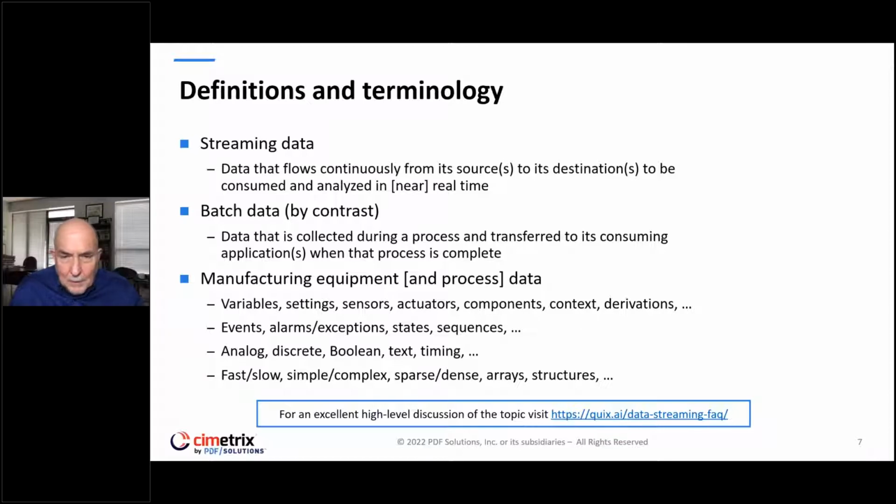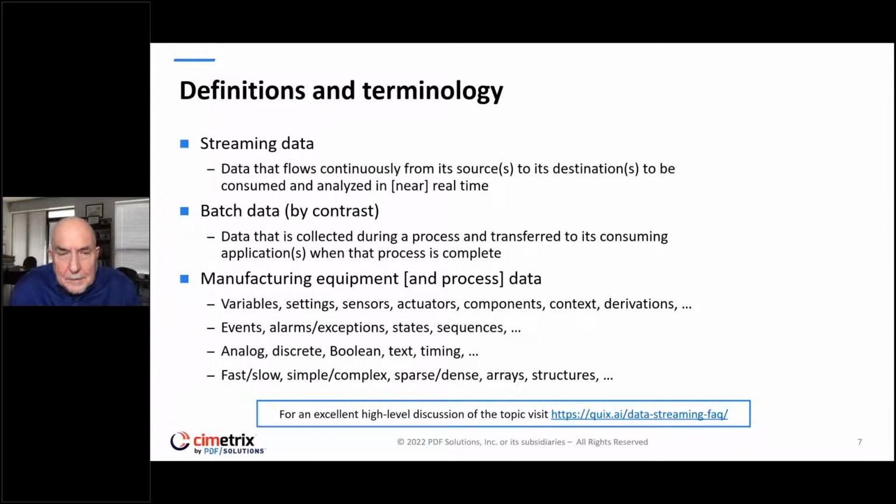A lot of that is going to be analog data, but you'll also have context information, information about which lot and recipe and layer you're working on to be able to make sense of the other data you've collected. There may be derived results where you're calculating statistics on some of the other pieces.